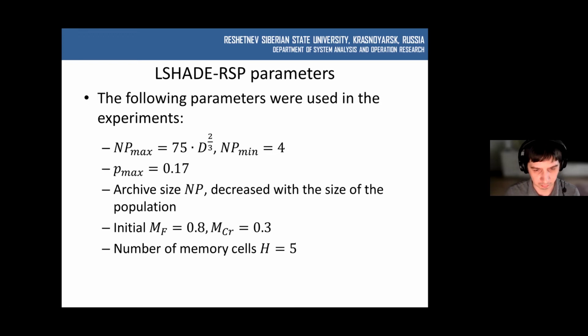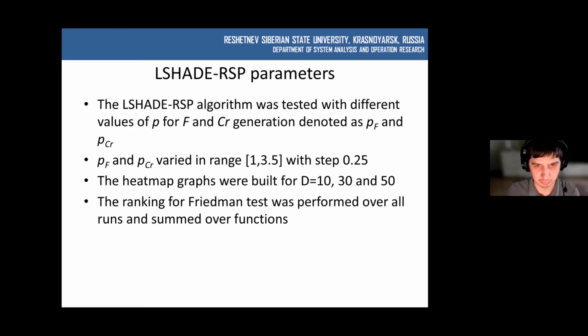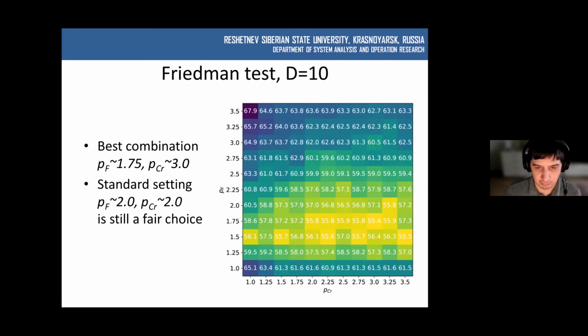Here you can see some of the parameters, and most important is how this Lehmer mean may influence the performance of the algorithm. We tested several different values for F and CR. We used different mean calculations for the scaling factor and for the crossover rate. So let us see what we got.